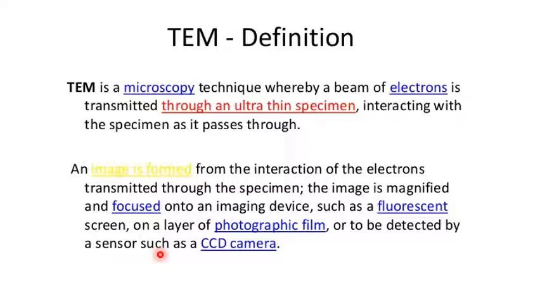So there are different types of devices for showing the images, and the image is formed by the interaction of the electrons which are transmitted through the specimen. The image can be seen on different imaging devices such as a fluorescent screen, photographic film or CCD camera.